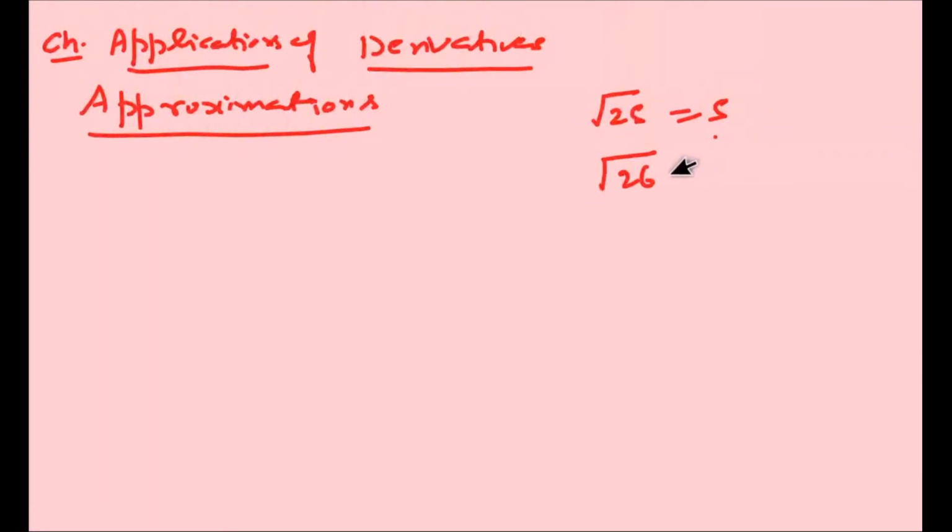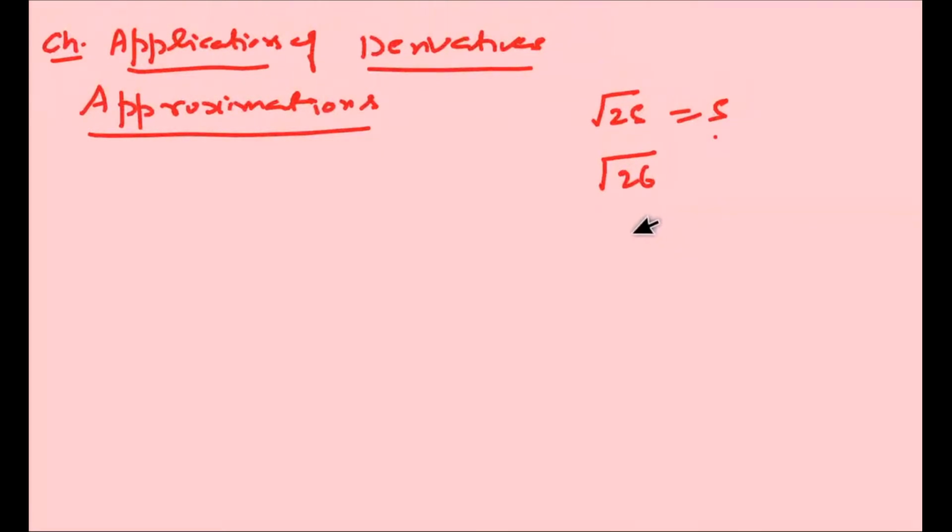That slightly greater value you can take as an approximate value. We find this approximation by using derivatives. It will be helpful to find the approximate value in an easy way.